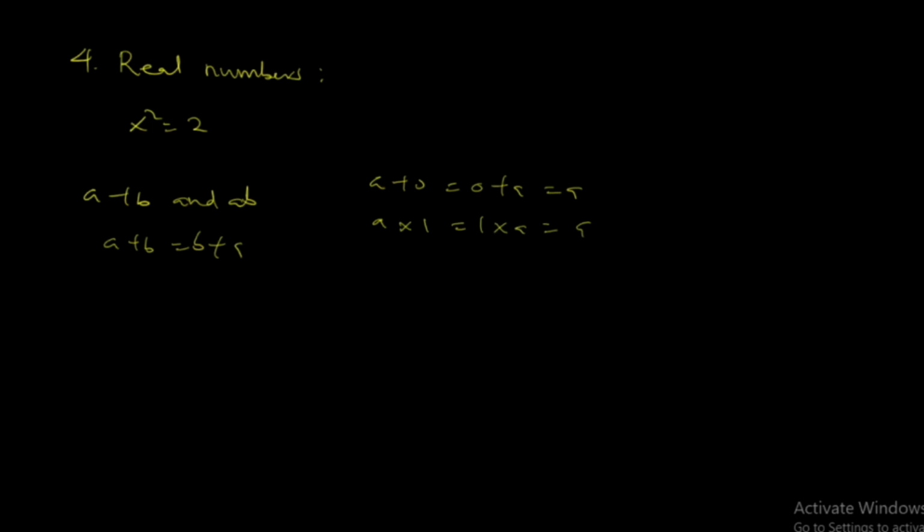We have a plus x is equal to x plus a, which is equal to 0. And we have the inverse under multiplication, a inverse, which means that a times a inverse is equal to a inverse times a, which is equal to what? 1. We should note this. Those are the properties under the real number system.